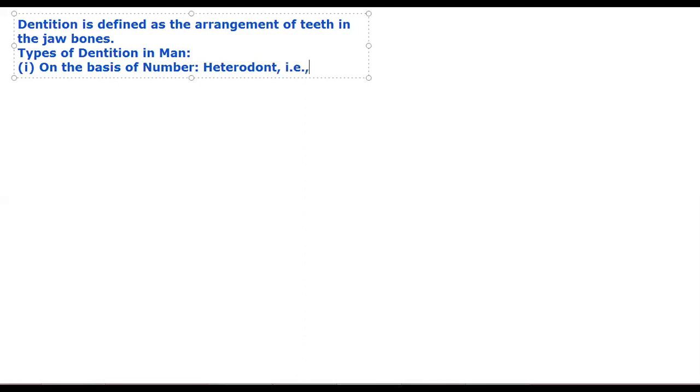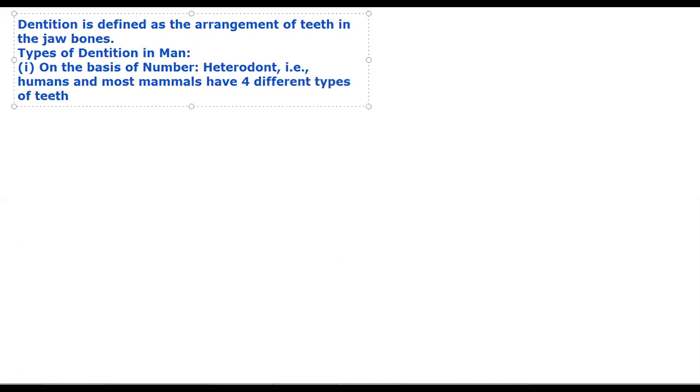That is, humans and most mammals have 4 different types of teeth. What are the different types of teeth? A is incisors.